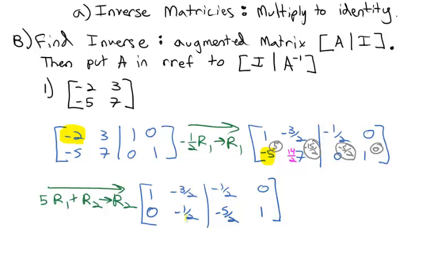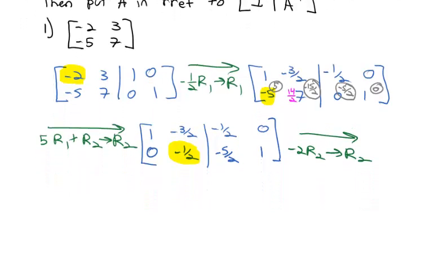Now we have to get the second row, and we need to do that by getting a 1 in the bottom right corner. We do that by multiplying by the reciprocal of negative 1/2, which is negative 2, times row 2 to get our new row 2. When we do that, this top row is unchanged. 1, negative 3 halves, negative 1/2, 0.